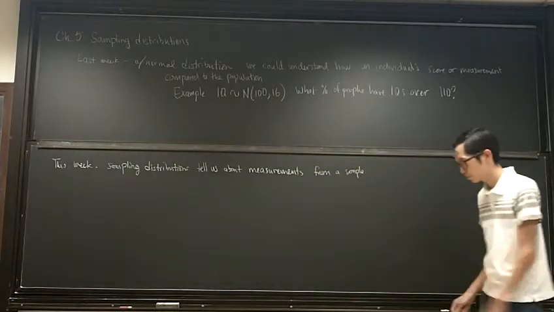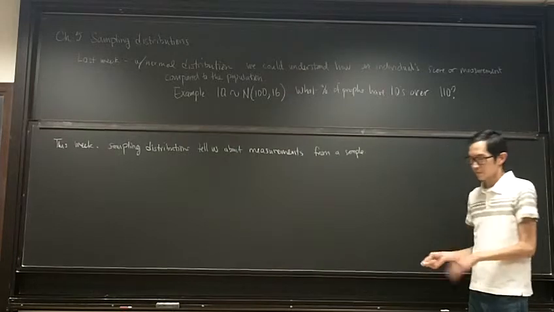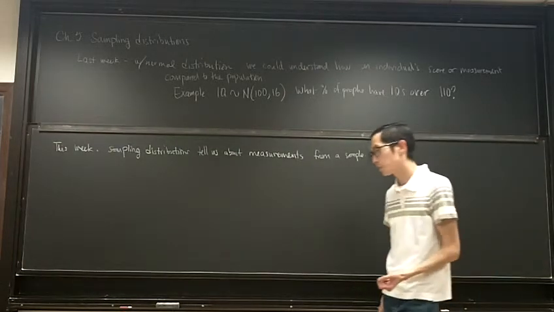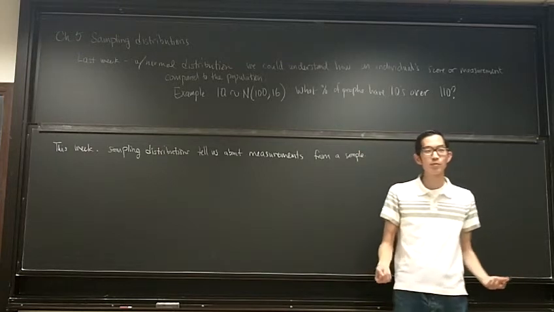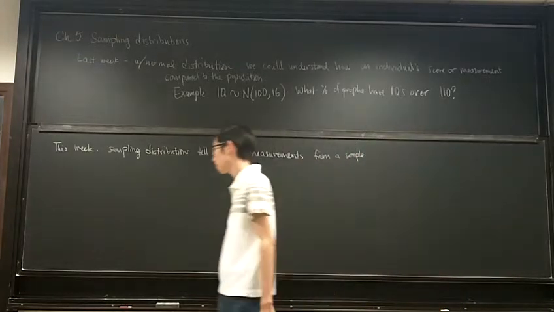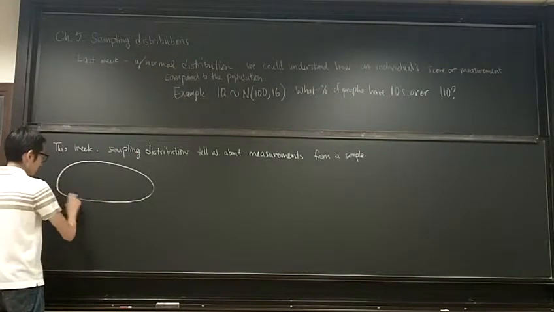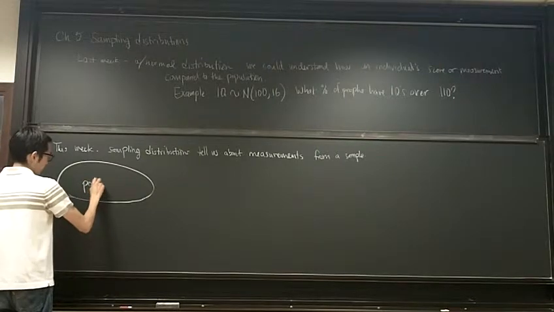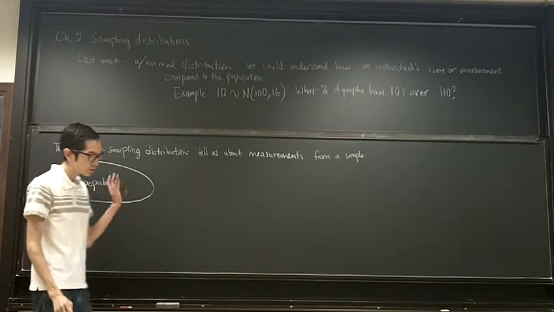Okay, so let's do kind of a thought experiment, okay? And this is a thought experiment because generally this is not done in real life. Alright, so here's the population.